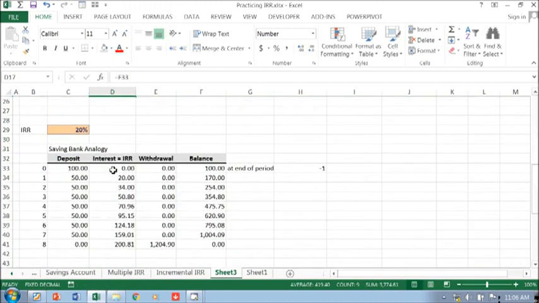The big problem with the IRR, this is the big problem. I put it in red and bold it.